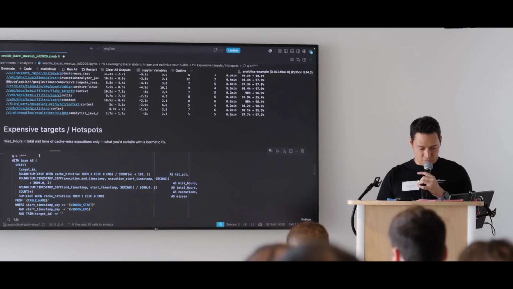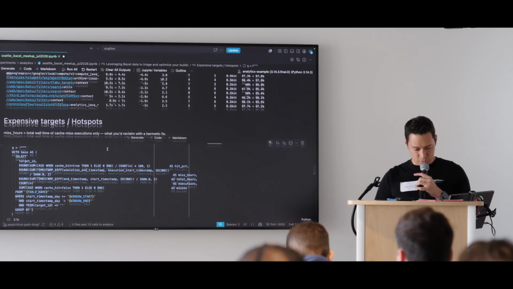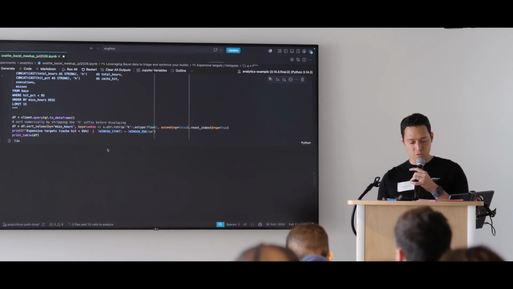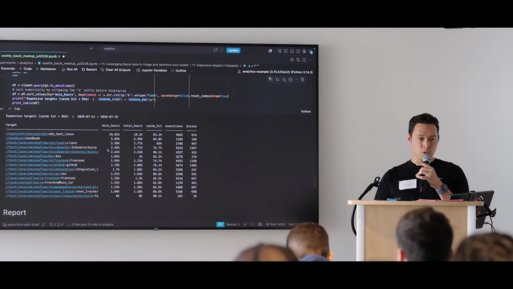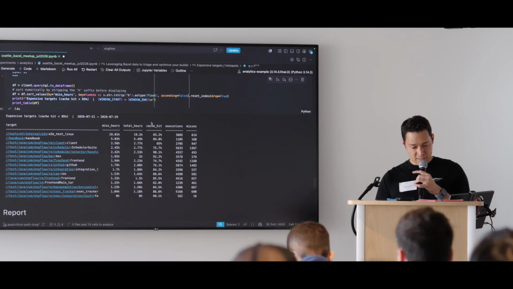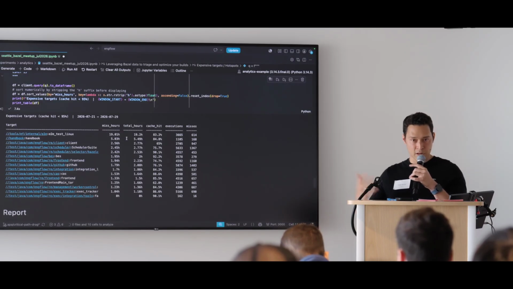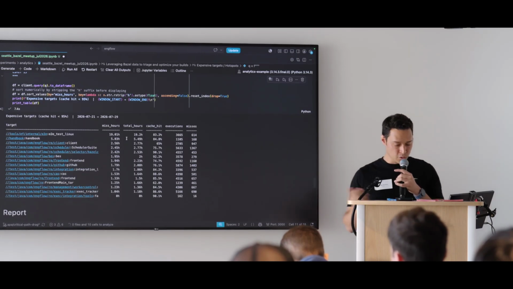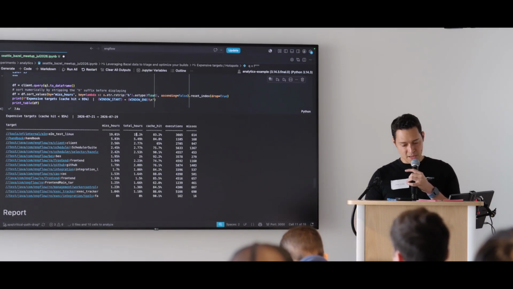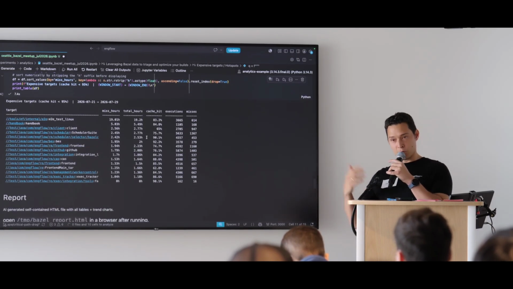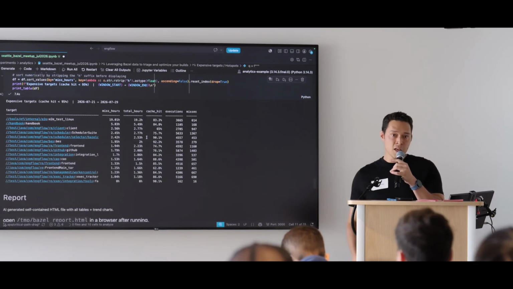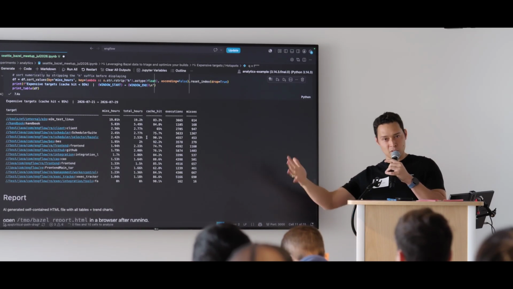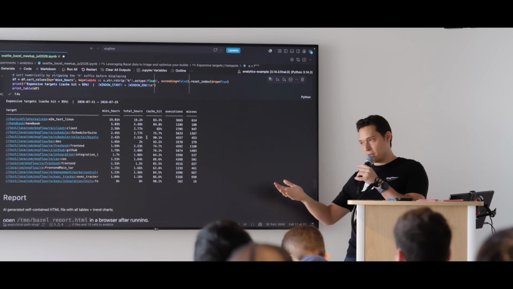And the same applies for these expensive targets, hotspots that I'm going to show you here, which is basically resolving the question of, okay, where do I need to invest my time? In this case, it is because of the miss hours, right? Miss hours is basically all the execution time that you used, the total hours, and then at the scale of Uber or any of the companies that are here, you can say that in a given day, you are spending months of execution time because you are running so many things in parallel.